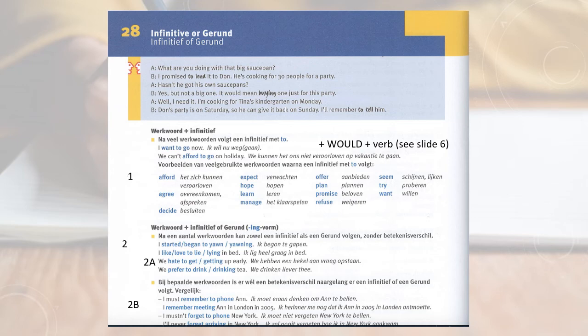And here the verb remember has a different meaning than remember in the first sentence, because here remember means ik herinner me dat nog. And the reason for that is because we used a gerund and not a to infinitive. So that actually realizes a different meaning when you use an infinitive, like to phone, or a gerund, like meeting.